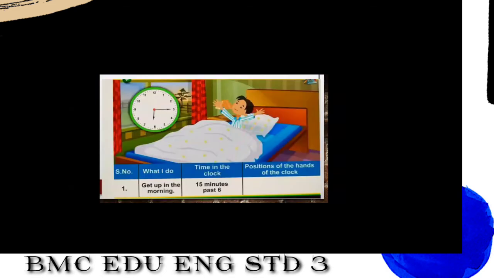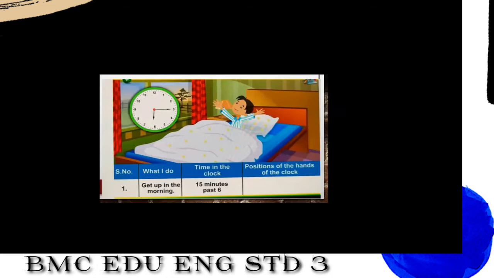Now see this, children. We are going to write. There is a column of time in the clock and position of the hands of the clock. The first thing in our daily routine is that we get up in the morning. Suppose we get up at 15 minutes past 6, the time in the clock is showing 15 minutes past 6.